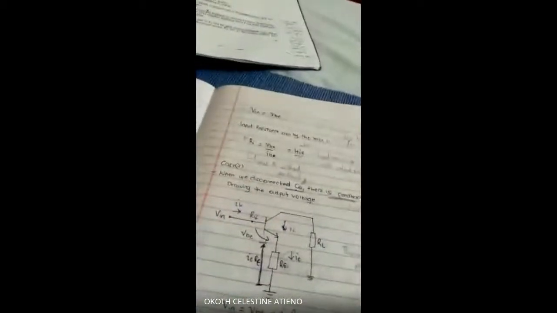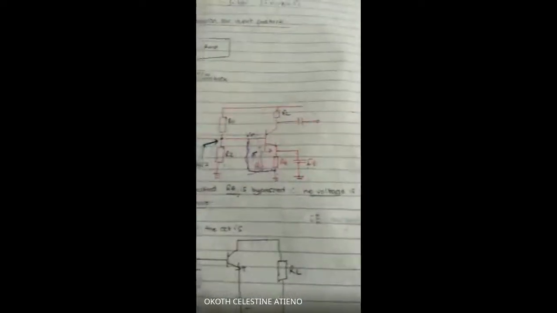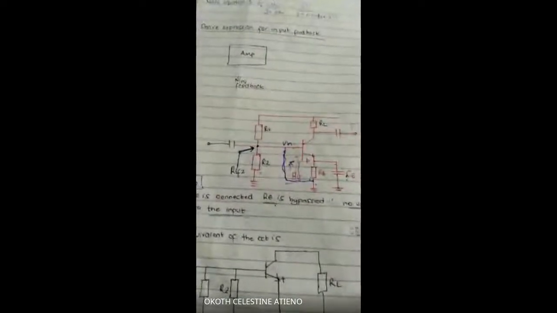I'll move on to deriving the expression for input feedback. I'll skim through it, but it's pretty straightforward. It's easier than even power amplifiers. We want to see how we deal with these things in circuits.